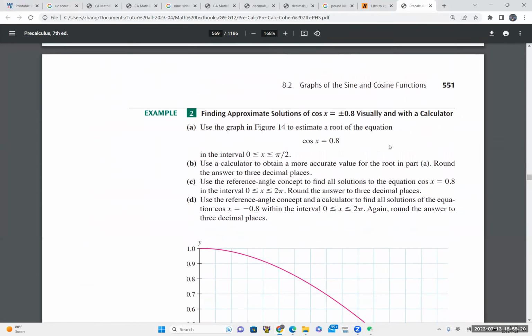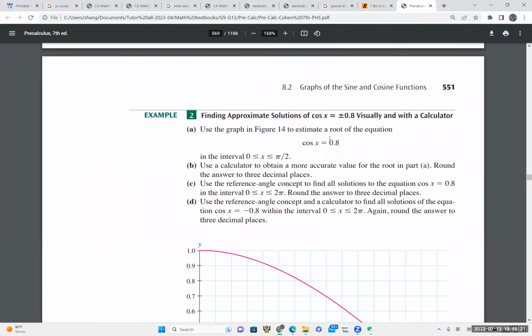Then use the graph to find, when cosine x1 is 0.8, what is x? It means this. Yeah, x1 is about right here. Let me draw it. When cosine equals this, it's function 1.